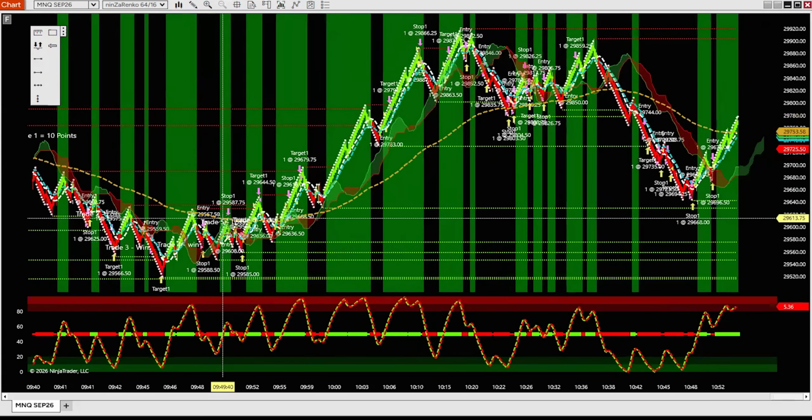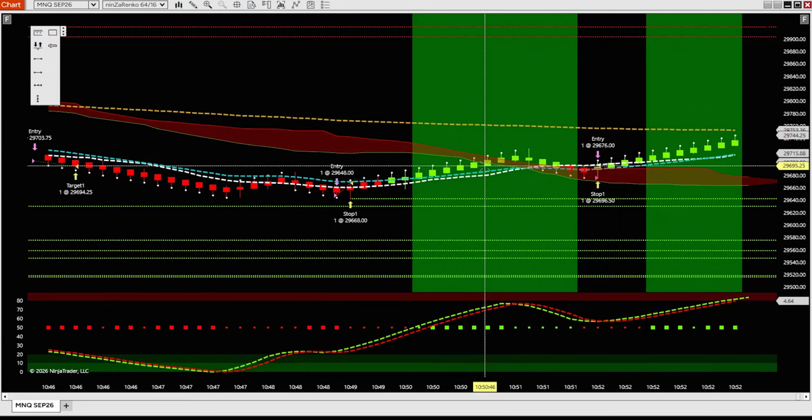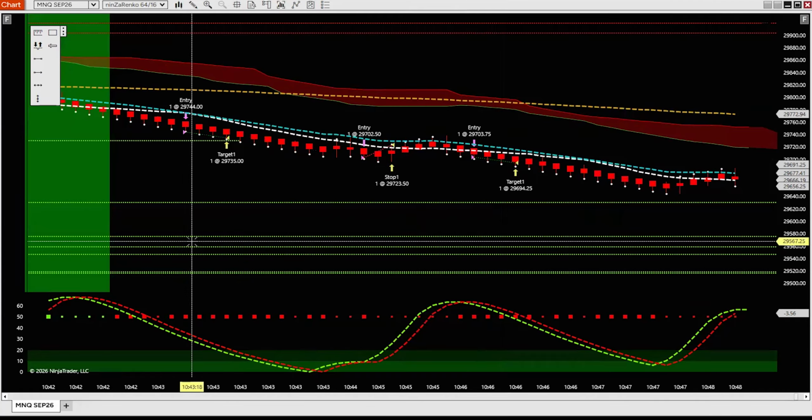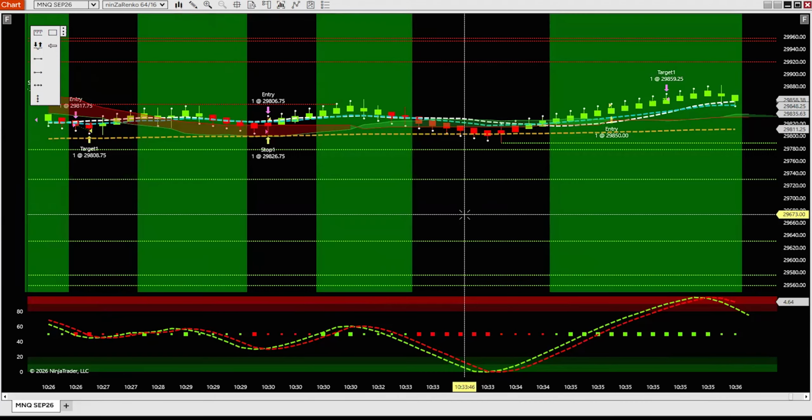This has been an interesting day. Holy cow, a lot of trades. I guess we'll go backwards. Oh, so 1 stop, 2 stops. So we had 2 targets, another stop there. So we had a target, a stop, a target.